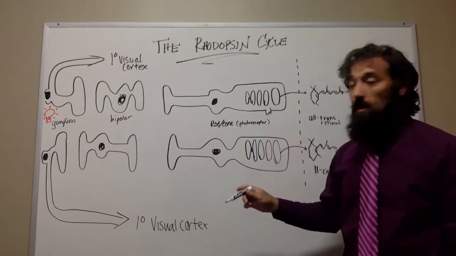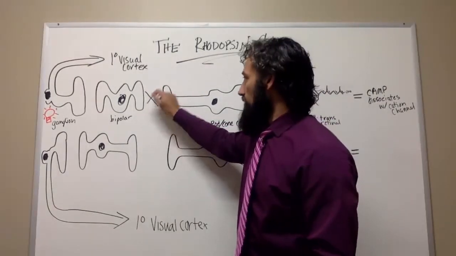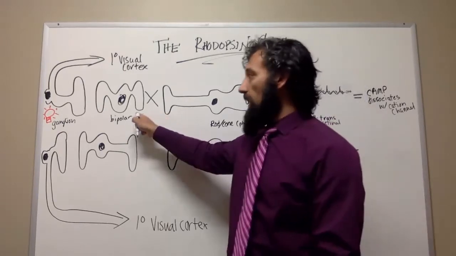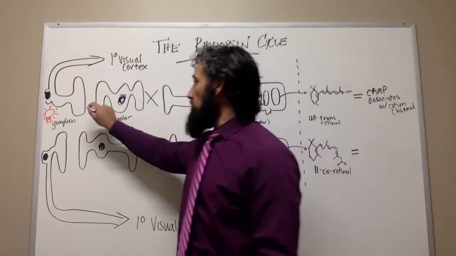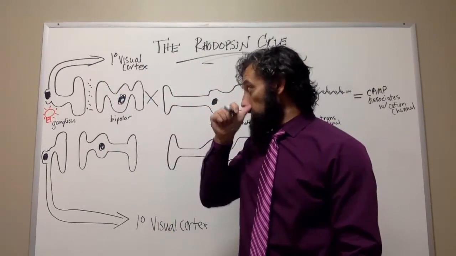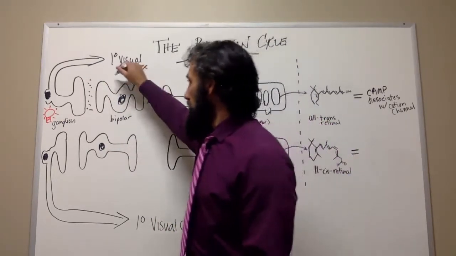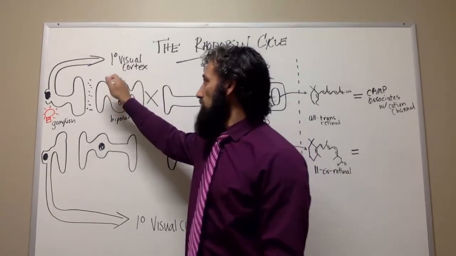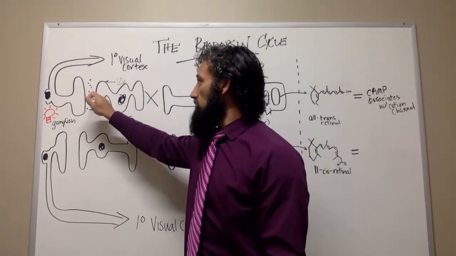That means there is no release of any type of transmitter within the cleft. And that means that the bipolar cell is going to depolarize, releasing neurotransmitter.